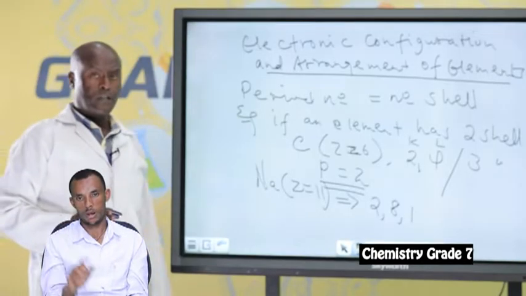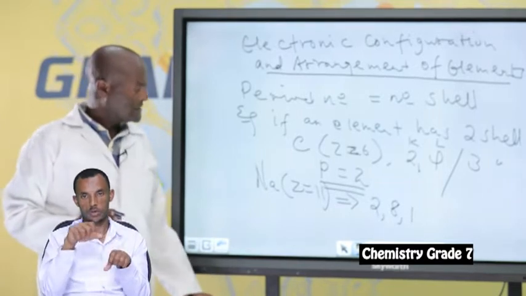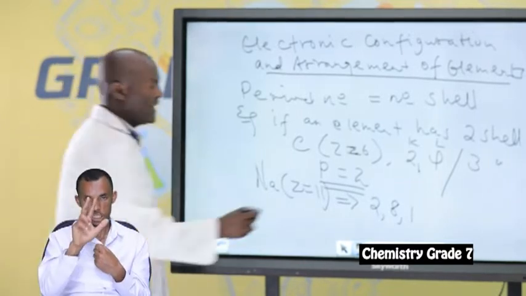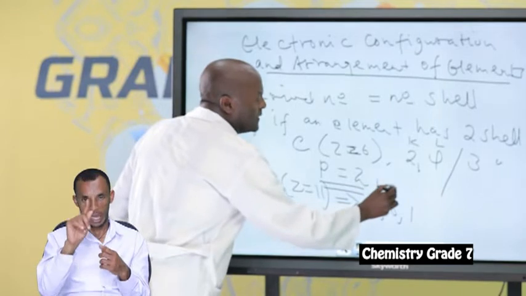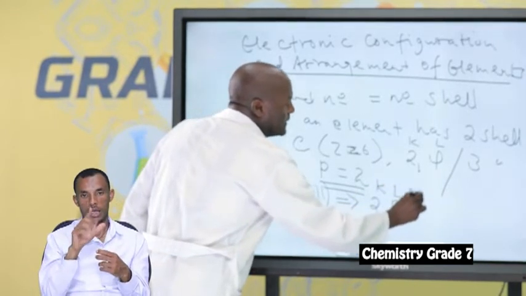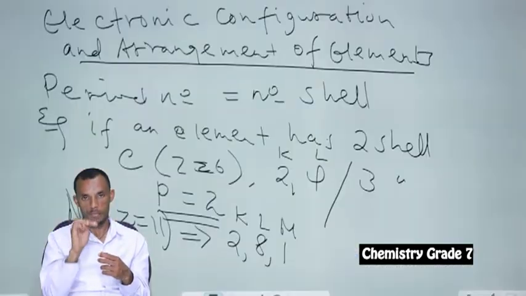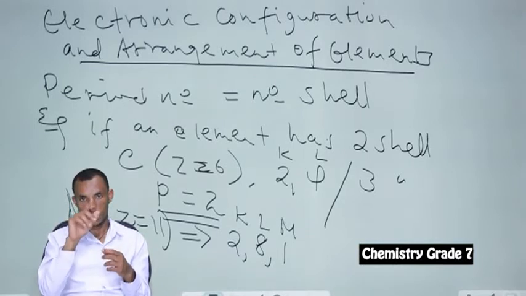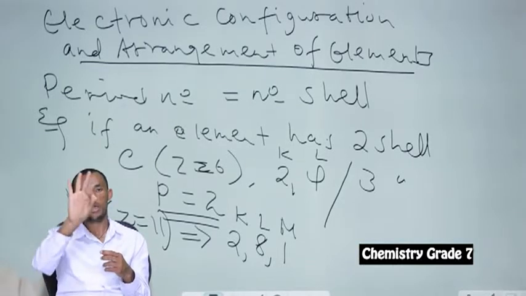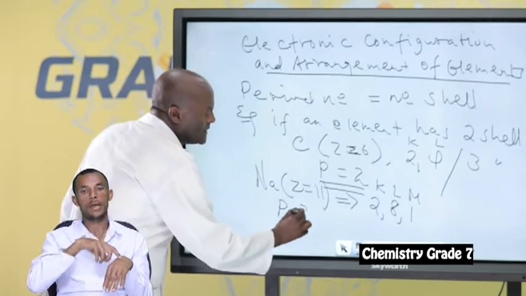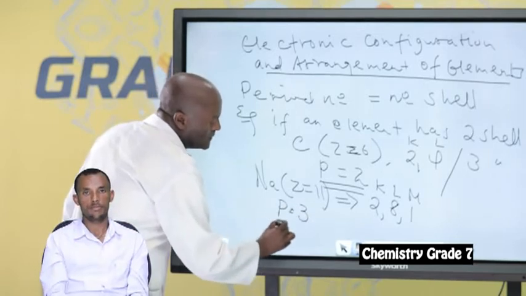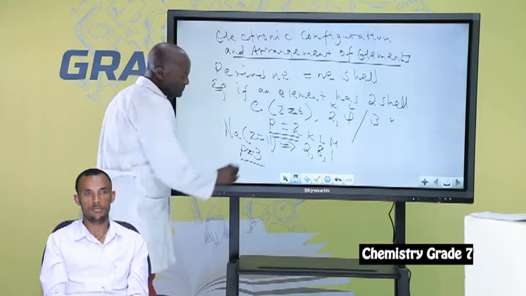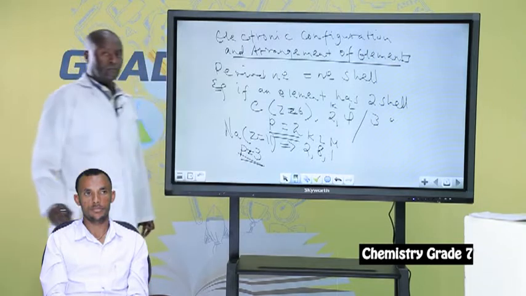Therefore, sodium has three shells, K, L, and M. Therefore, sodium is found in period 3.